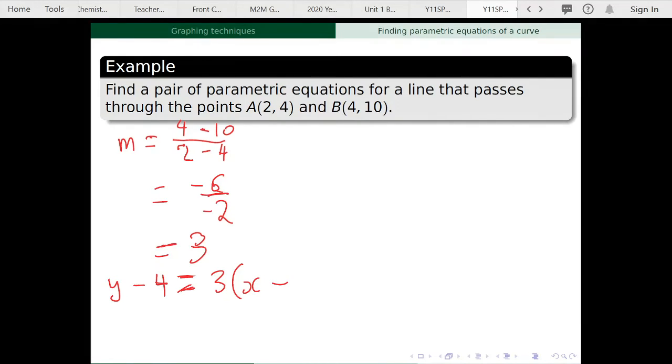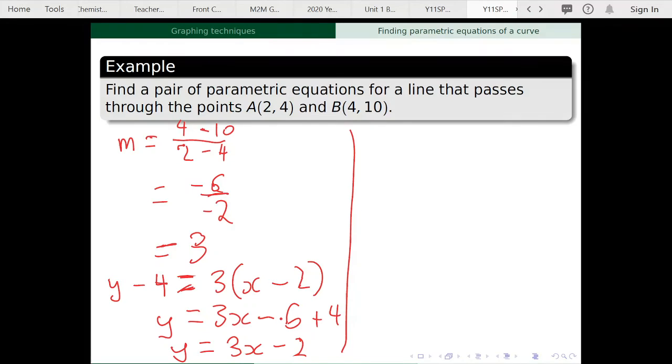So if I used 4 for y, I've got to use 2 now for x. And just expand the brackets and rearrange for y. So we get 3x take 6, and we'll have to add on 4 to that to get y by itself. And what do you get? 3x take 2. Now, so we found the Cartesian equation just as you would the normal way.